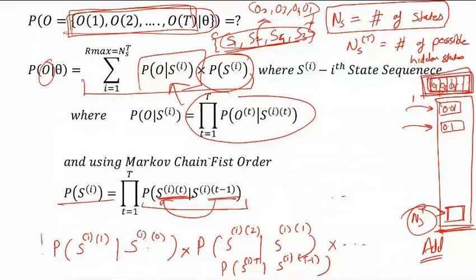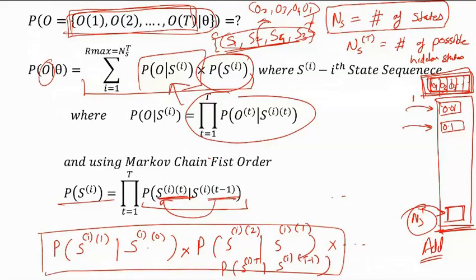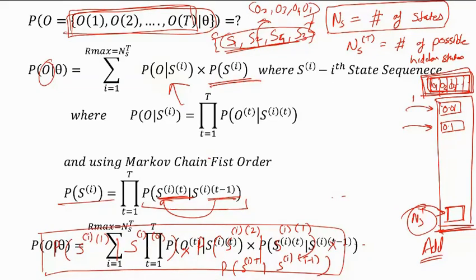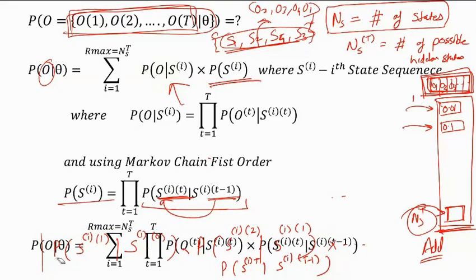Okay, so this product will give you the second term, this one. So when you substitute these two things in your first equation, you will get this final equation.